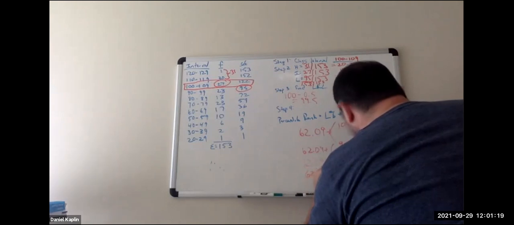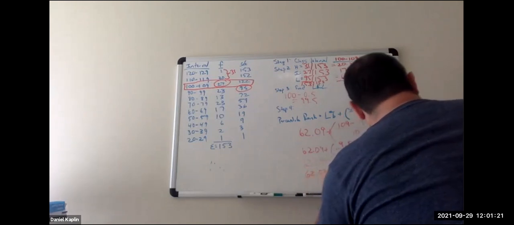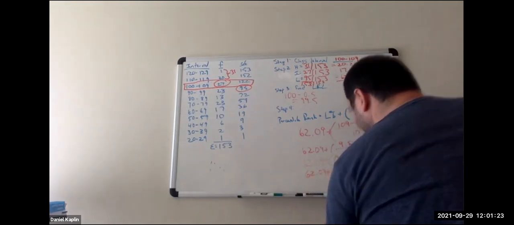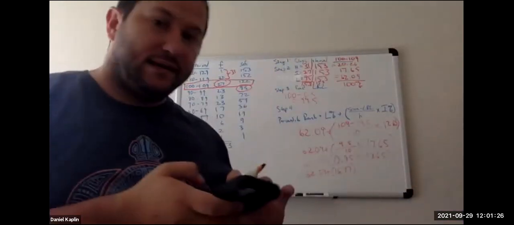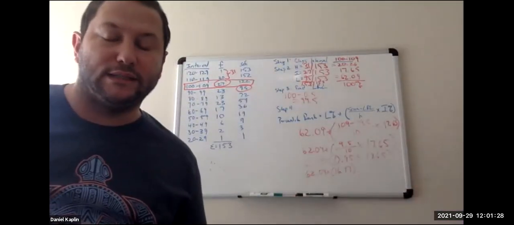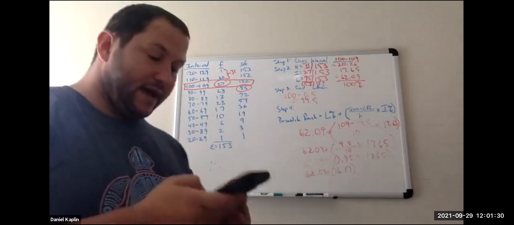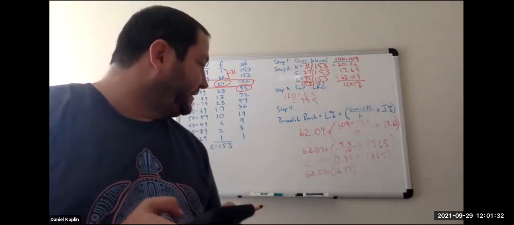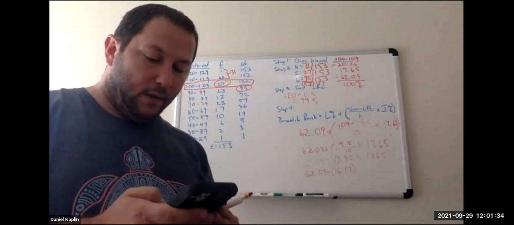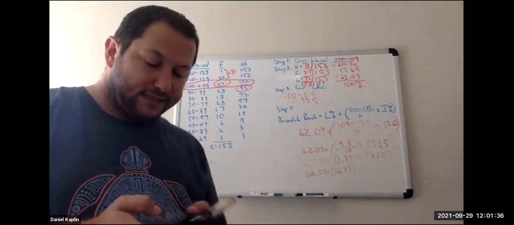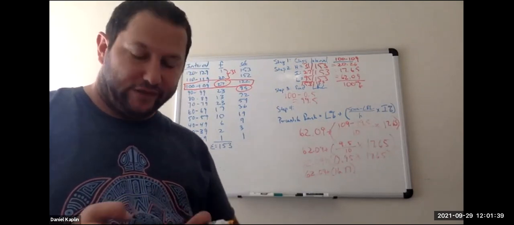So we have 62.09 plus 16.77. Now I'm going to add that together and I'm going to have my final answer for the percentile rank. So I have 62.09 plus 16.77.